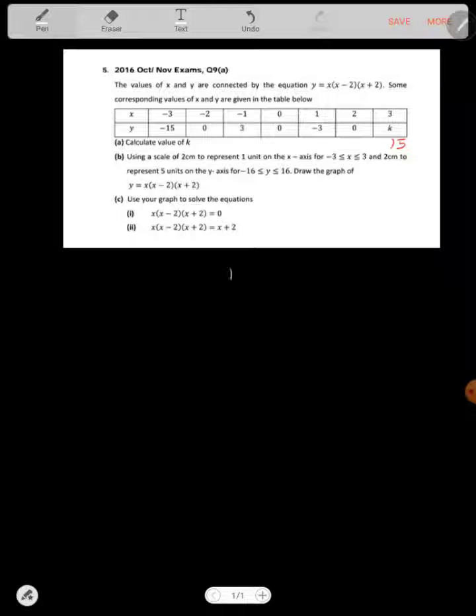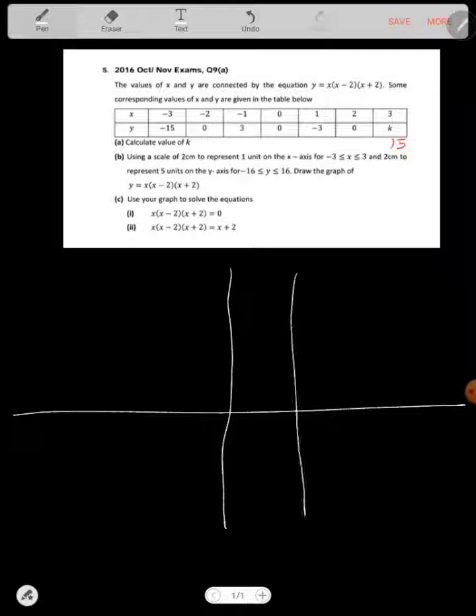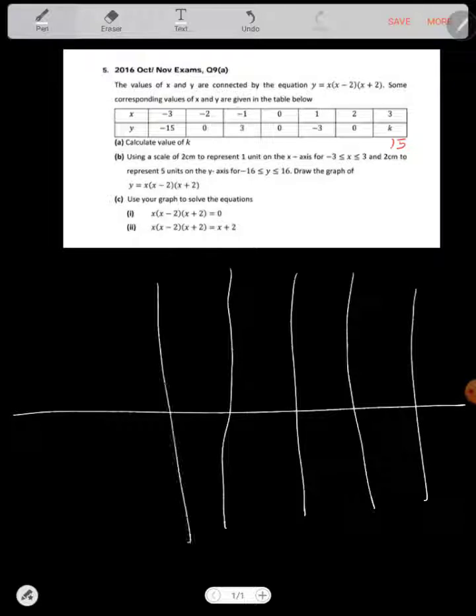So now we know that on the x-y plane, we have those boxes. Okay, let me just represent it by this. So we have these boxes. Let me make this one thick.